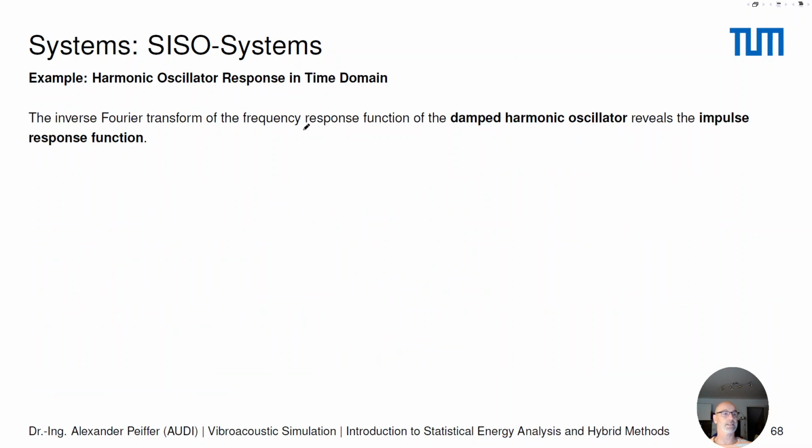So let's get back to our famous harmonic oscillator in time domain. We can just use the inverse Fourier transform of the frequency response that I've shown before, and this should reveal the impulse response function. If we do so, here is the expression, we get this result.